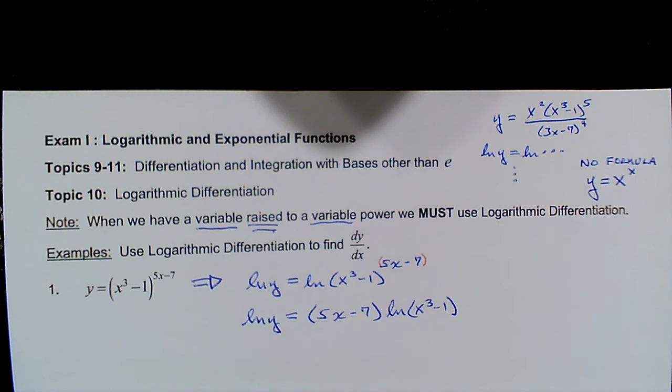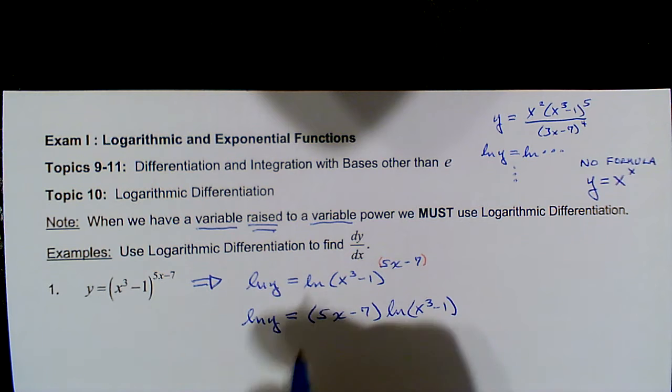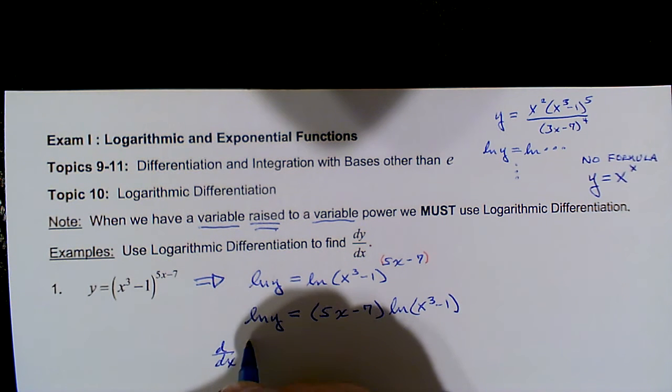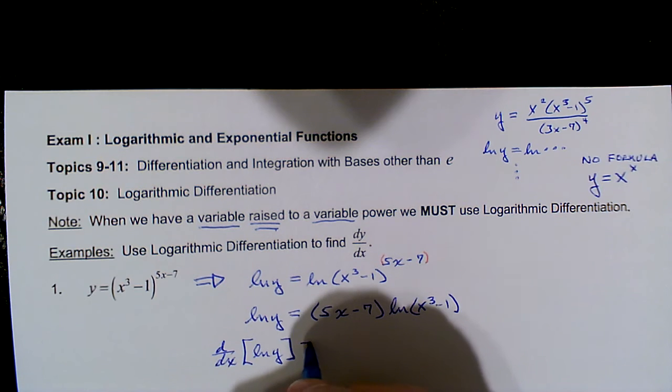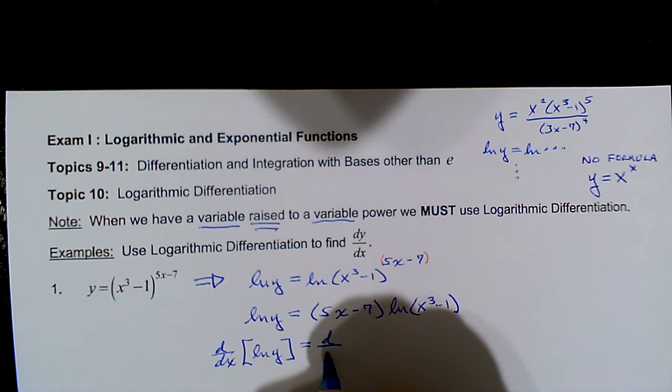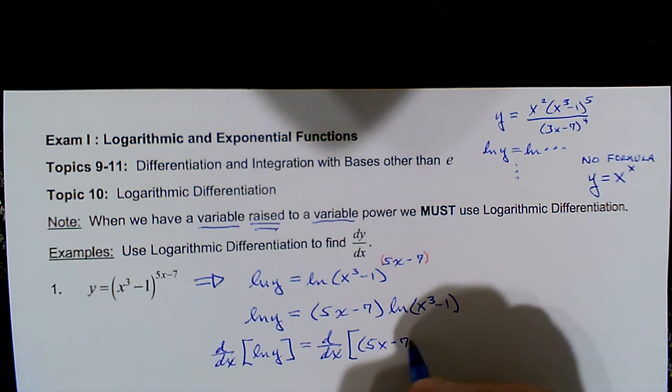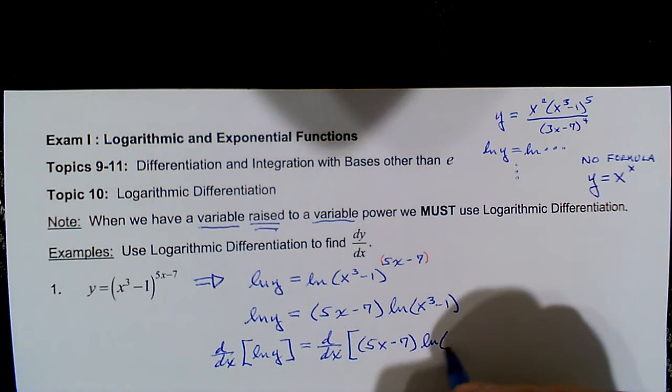So this really is implicit differentiation on the left-hand side because it's a function of y. And we're trying to find the derivative of y with respect to x. So I'm going to throw that d/dx notation in front of each side. Remember, this is just a prompt. The differential operator, we call it, to indicate that we're about to differentiate implicitly with respect to x.